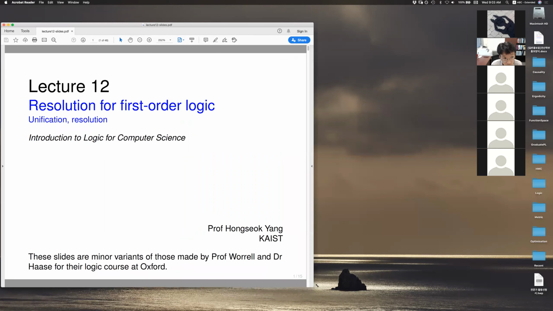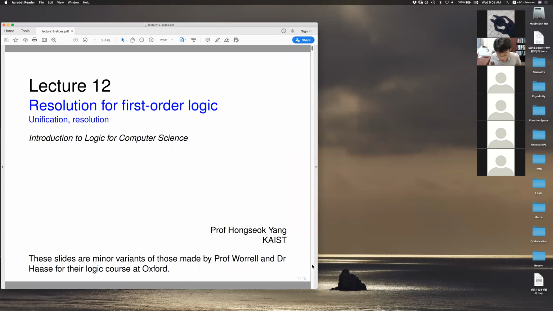So we will continue discussing the resolution proof system for first order logic. And as I told you before, the key difference between what we are covering now and what we studied before is that the resolution proof step in this case will involve not just canceling the complementary literals, but also instantiating some variables.